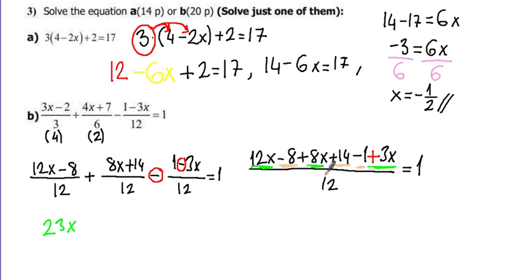Negative 8 plus 14 is 6, 6 minus 1 it is 5. So we will have plus 5 over 12 is equal to 1.